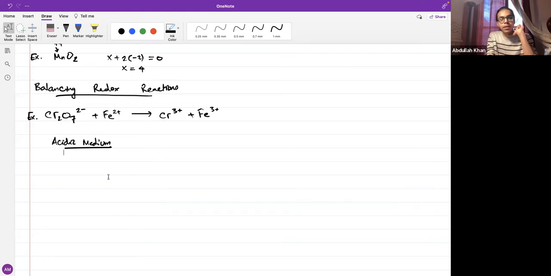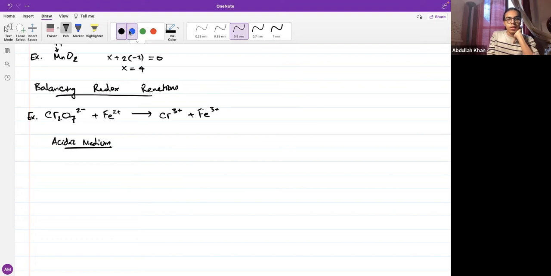So no matter if it is acidic or basic medium, you're going to do a common series of steps, and then make one last modification at the last step. Okay. So the first thing that you do is you figure out which two atoms are changing charge, right? Since this is a redox reaction, one atom is getting reduced, the other atom is getting oxidized. You just need to figure out which one's which.